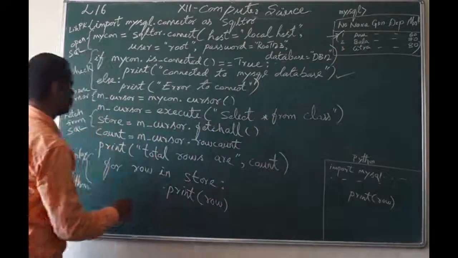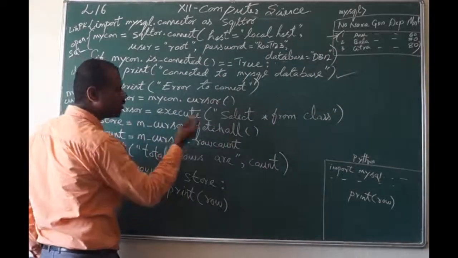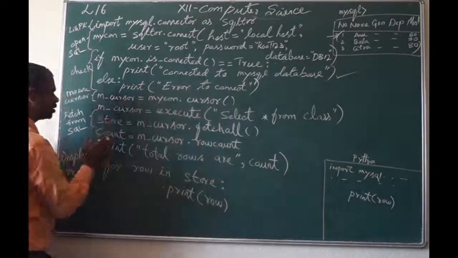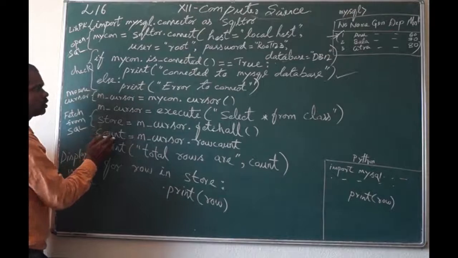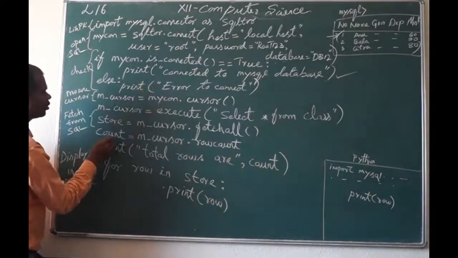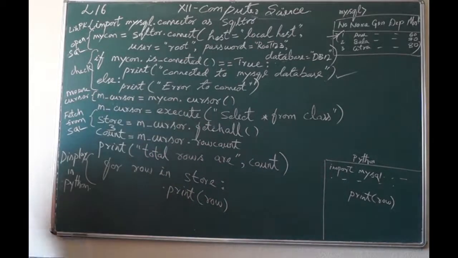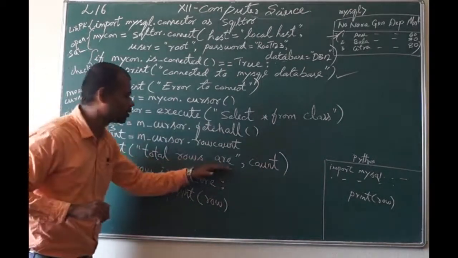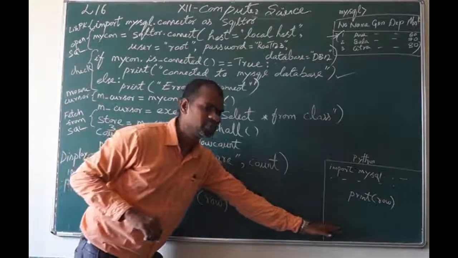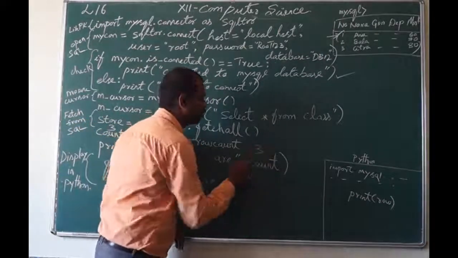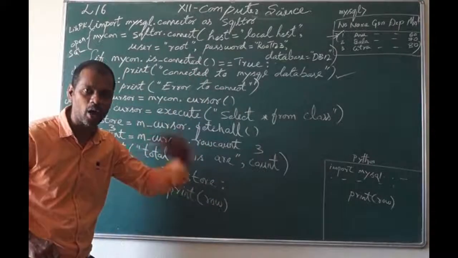So what gets stored in this count? Totally 3 rows are there, so in the count 3 is stored. Understand? Okay, then print the total rows are, and count will be printed, so the total row is 3 will be printed.